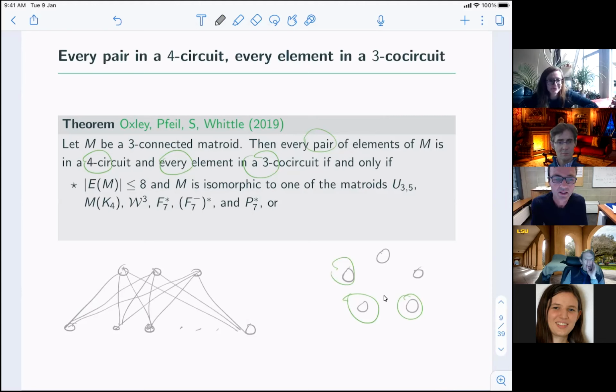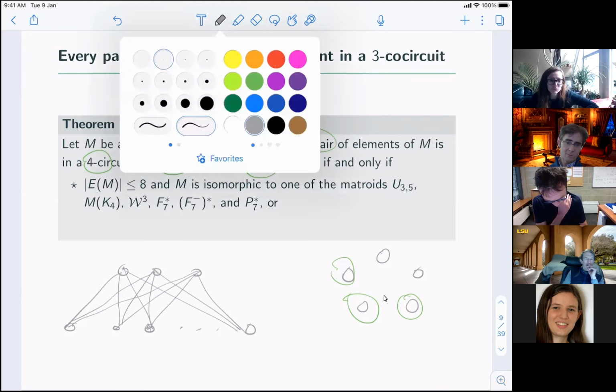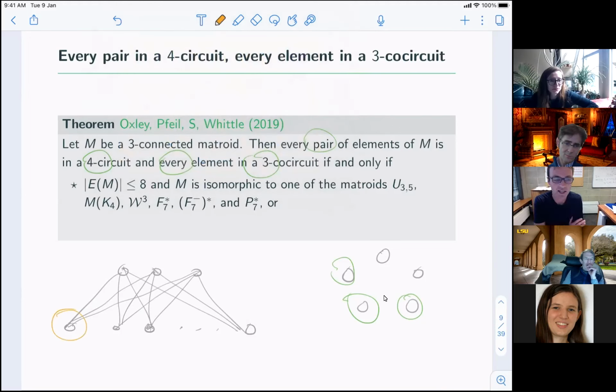In this case, every pair of elements is in a 4-circuit, and every element's in a 3-cocircuit because every element is incident with a vertex. In this case, every edge is incident with a vertex of degree 3. And that's the generic case for that particular problem.